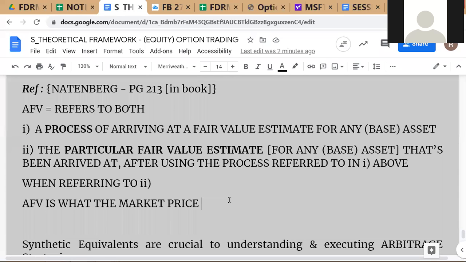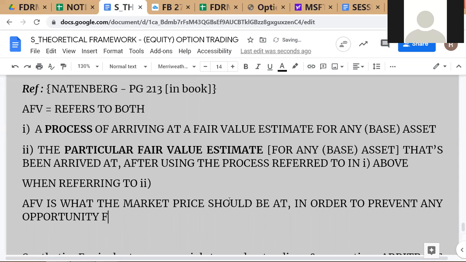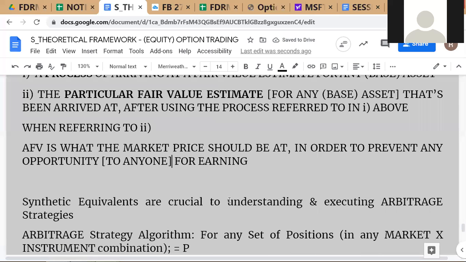AFV is what the market price should be in order to prevent any opportunity to anyone, to make it explicit, to anyone, for earning a riskless profit. Now, normally we don't like the term riskless like this.